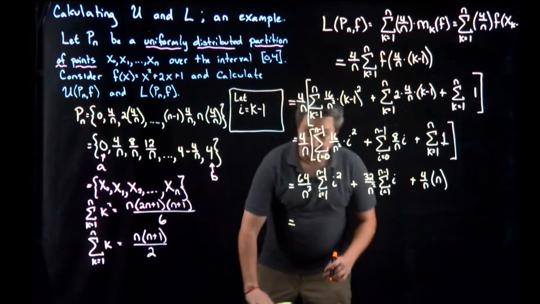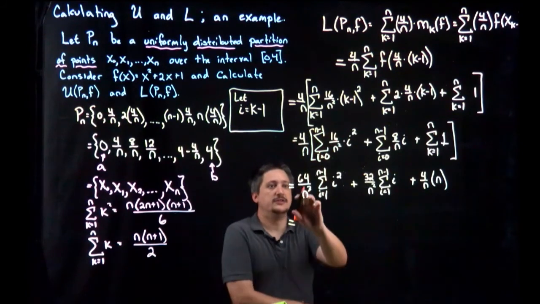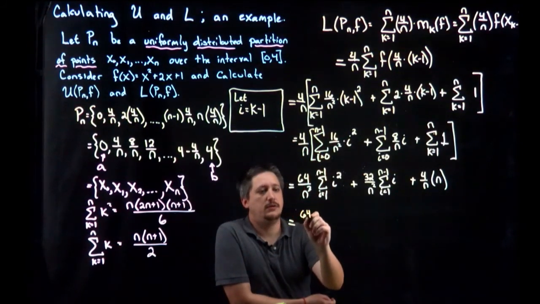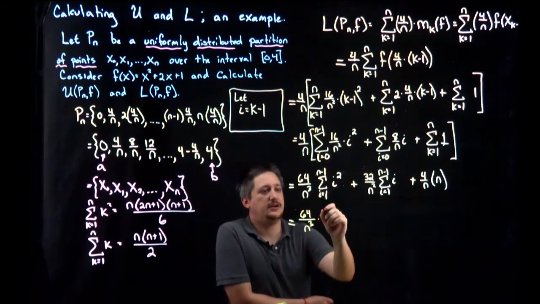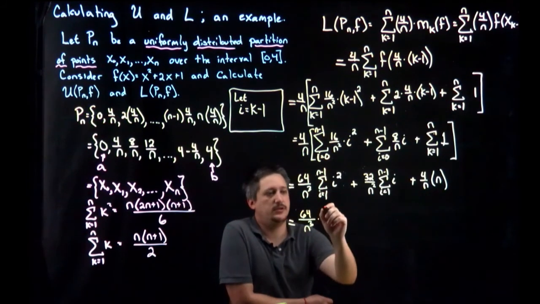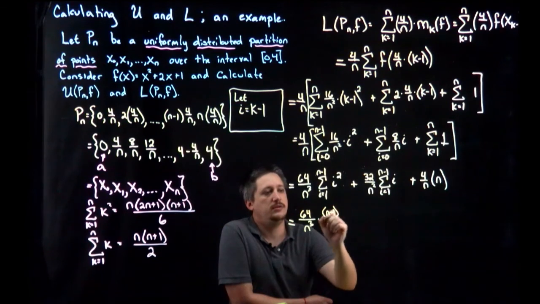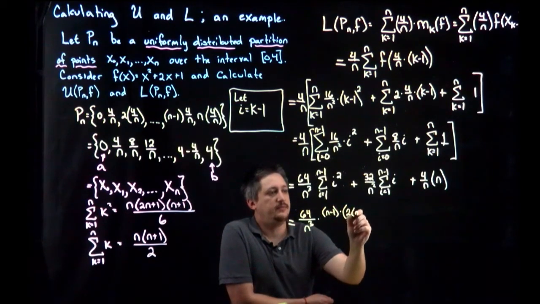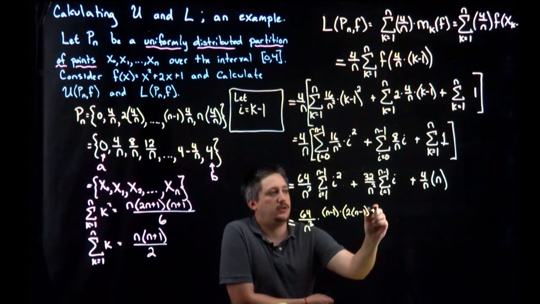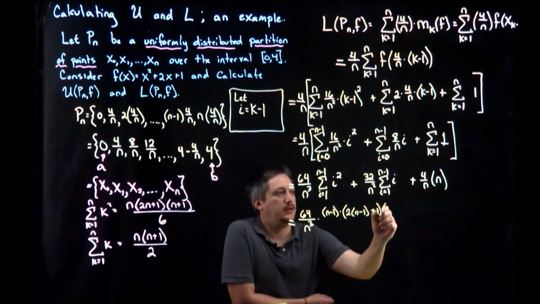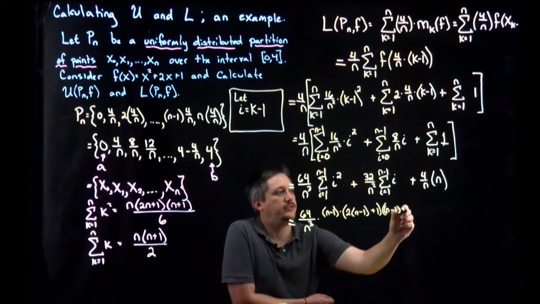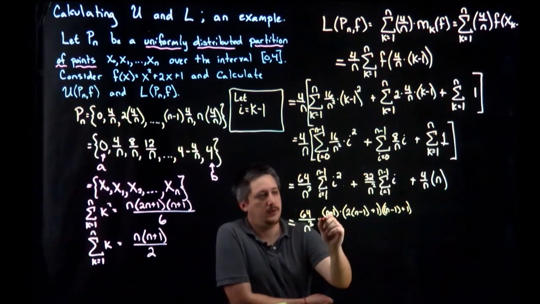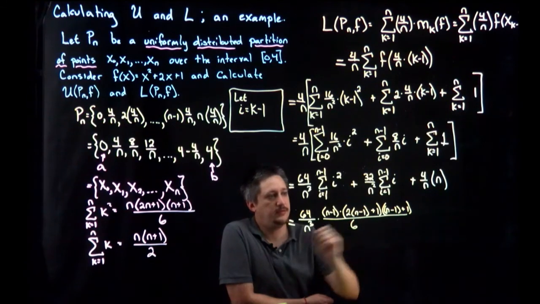I'm going to kneel down here so I can actually write legibly. So I'm going to have 64 over n cubed times, according to this formula, n minus 1, that's where the n was, times 2 times n minus 1 plus 1, times n minus 1 plus 1, all over 6.